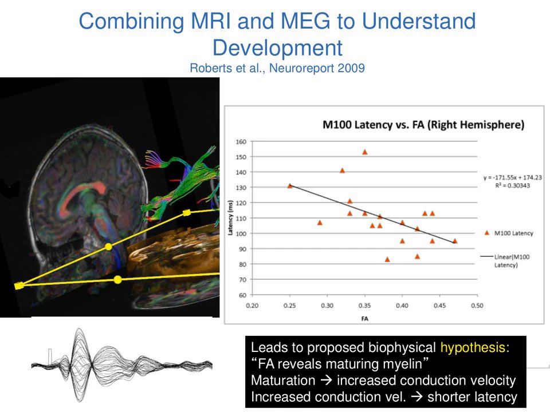And that led to our hypothesis that the diffusion imaging really is telling us something about the speed at which the white matter is able to conduct signals, so-called conduction velocity, and that as the white matter matures and the conduction velocity increases, we get a shorter time of arrival or latency of a response. That is part of normal development that seems to be delayed in children with autism.